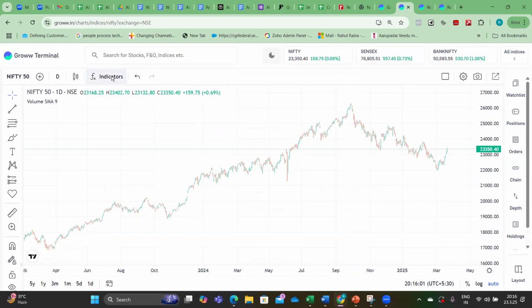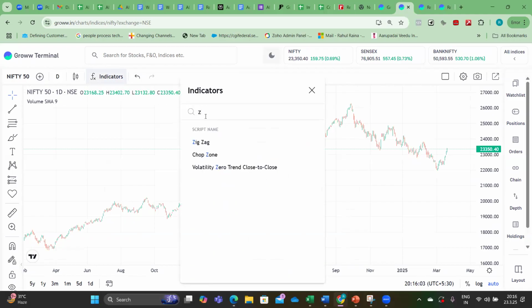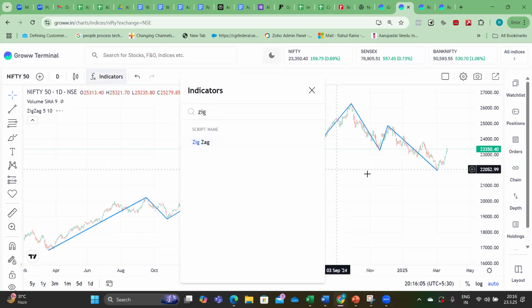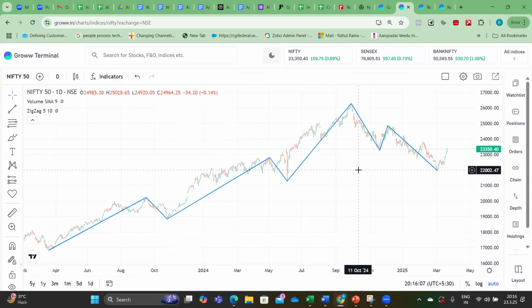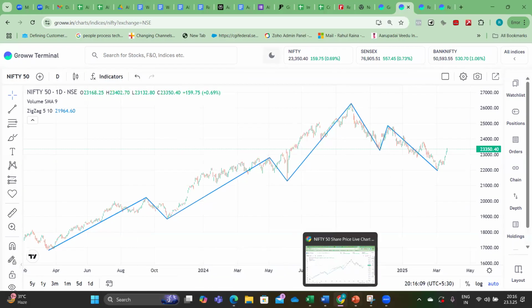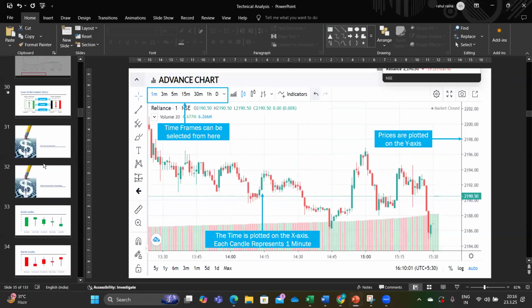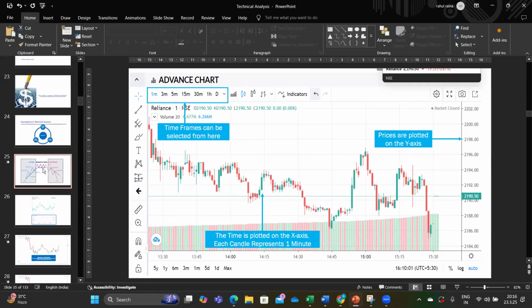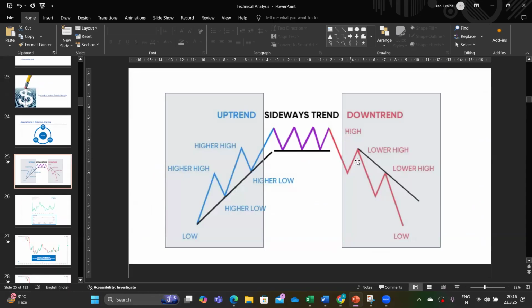You can also use these zigzag charts if I put zigzag as an indicator. What we had discussed is, if any stock or chart is making lower and lower highs, it means it's in a downtrend.